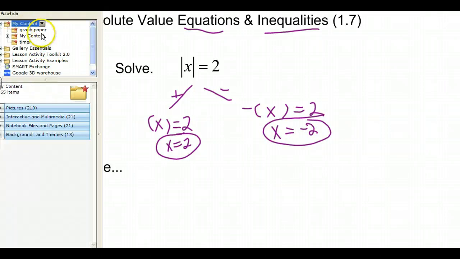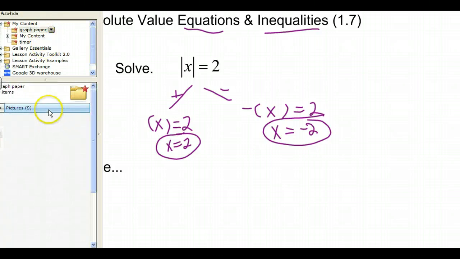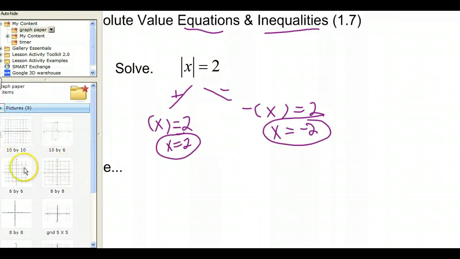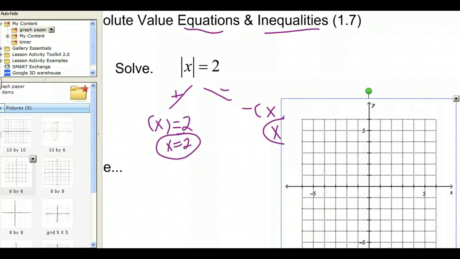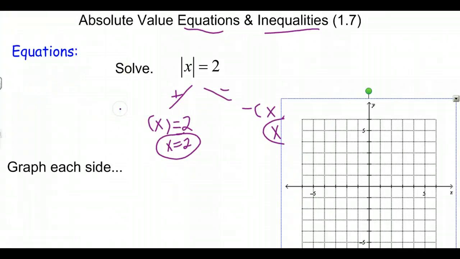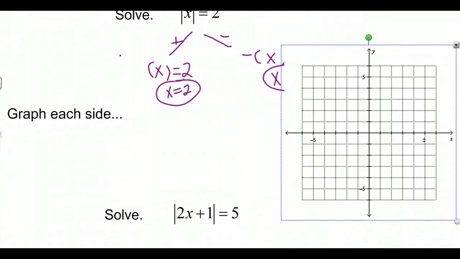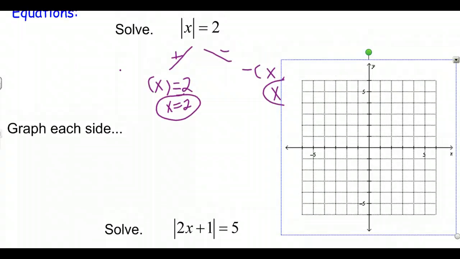Now, let's get some graph paper here. If we were to graph that, and I understand that we are not to the point of graphing absolute values yet, but you should know that this one is not that hard. If we graph that as two basic equations, so if we say y equals 2, that's the right side, and then y equals absolute value of x.